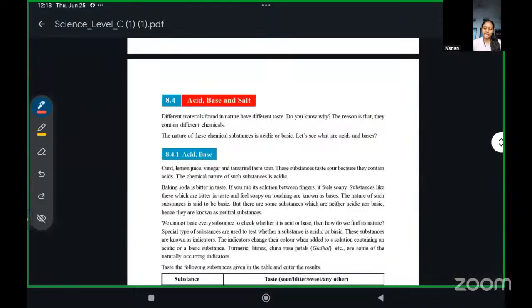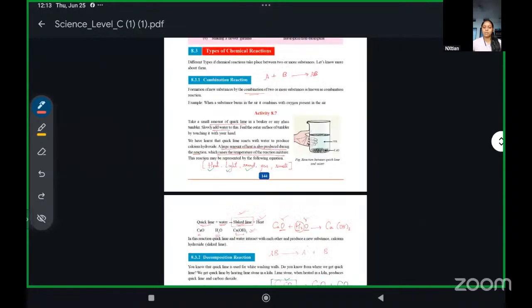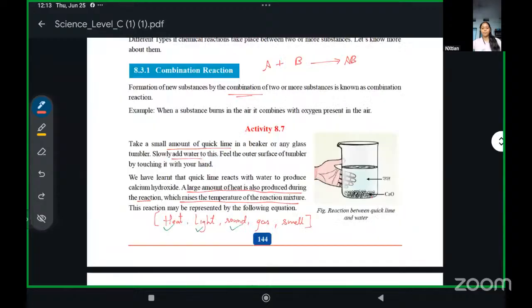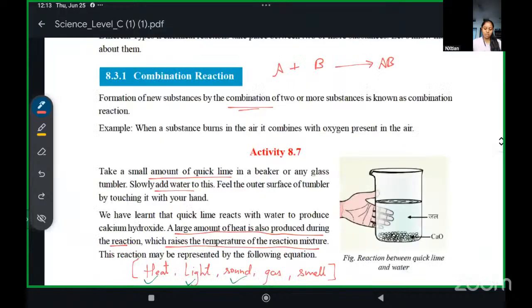So with this, we have finished with types of reactions. We have studied combination reaction, where two compounds combine to give a new compound. Decomposition reaction, where one compound gives two or more new compounds.